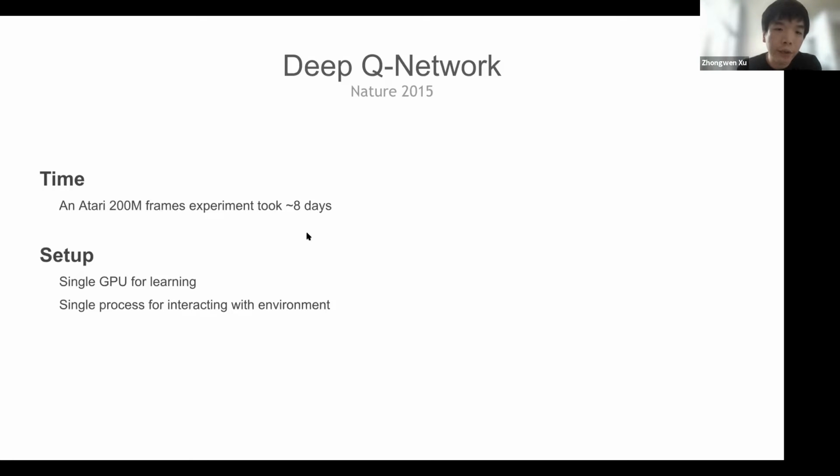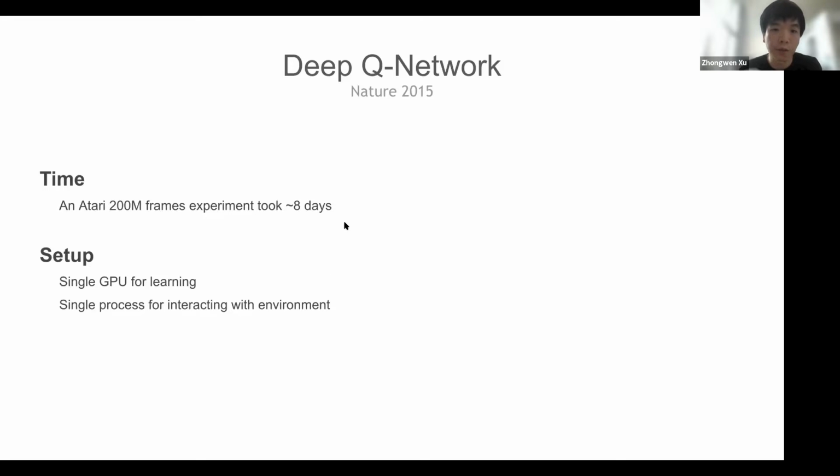To train the agent, it took 8 days and even 200 million frames to make the agent reach human-level performance. Back then, researchers were using a single GPU for learning, and also a single process to interact with the environment. So everything was quite slow.